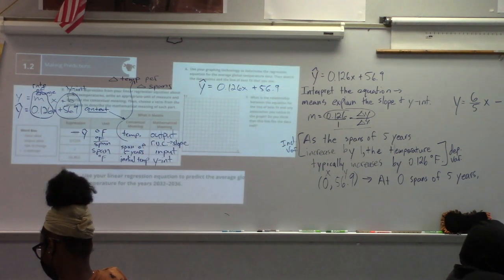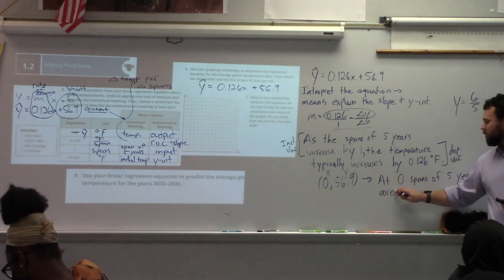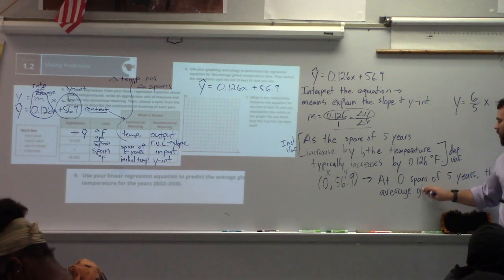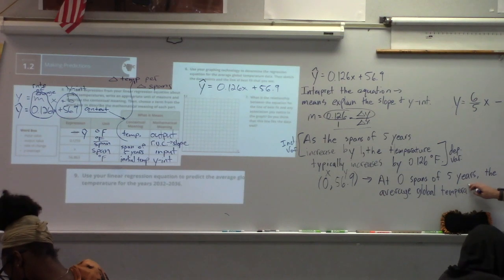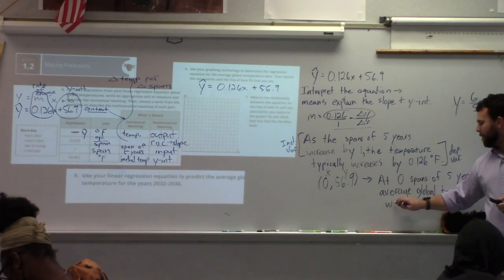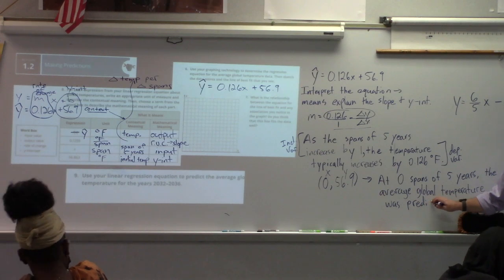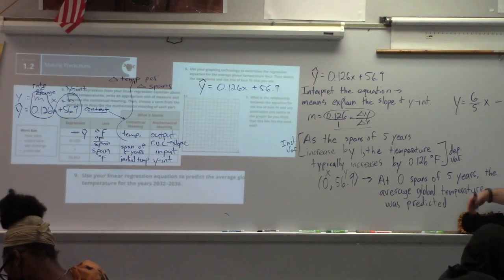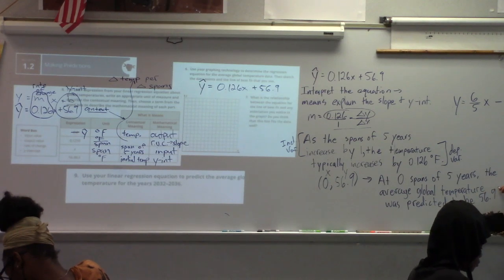Right? So we want to say the average global temperature was, I will say we do need to say predicted. I won't hit you very harshly if you don't include that, but it was predicted to be how much? 56.9 degrees Fahrenheit.